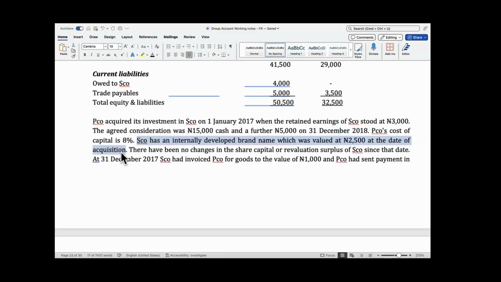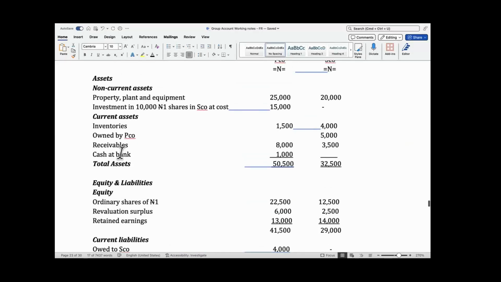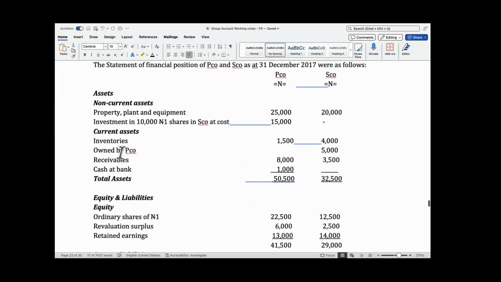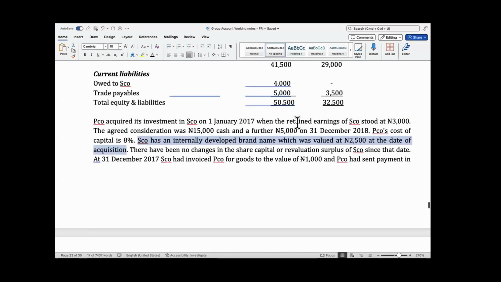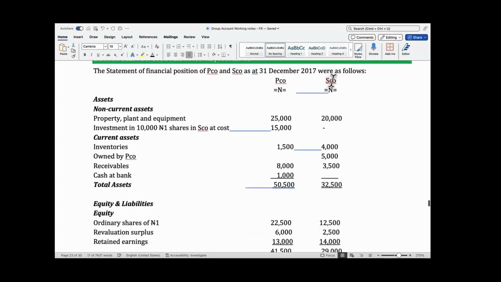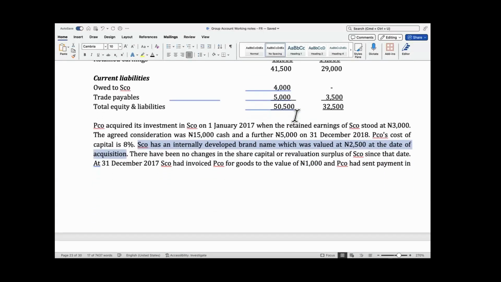Is there anyone that can speak to this? If I look at the book of the subsidiary, it's not there. I can't see any brand name. But ESCO has an internally developed brand name. So the first question I should ask you: why is this 25,000 not in the books of ESCO? Is there anybody that can speak to that in this class?